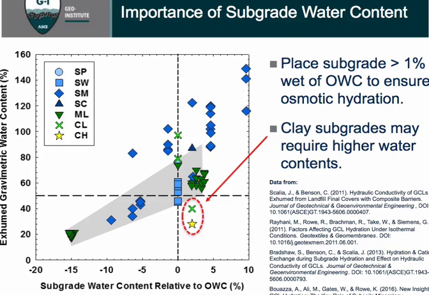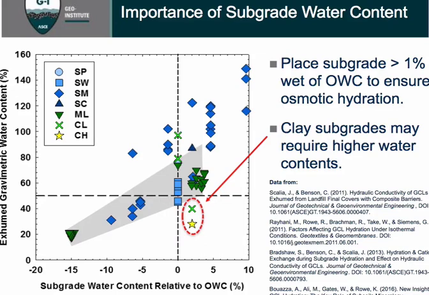There are two data points here for GCLs hydrated on clayey subgrades that had a high smectite content, very analogous to the montmorillonite, which is a smectite component of the GCL. And in these systems, the GCL, even though it was placed on the subgrade wet of optimum, didn't attain that high degree of hydration on that clayey subgrade.